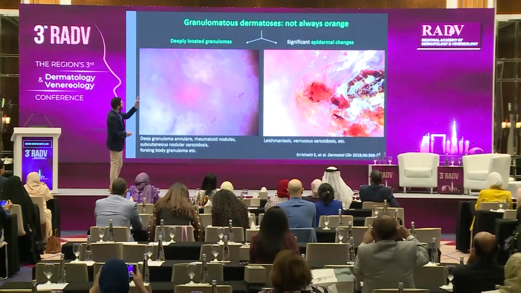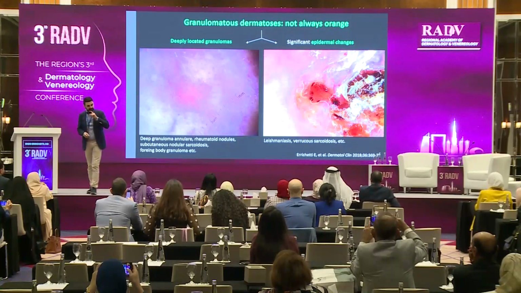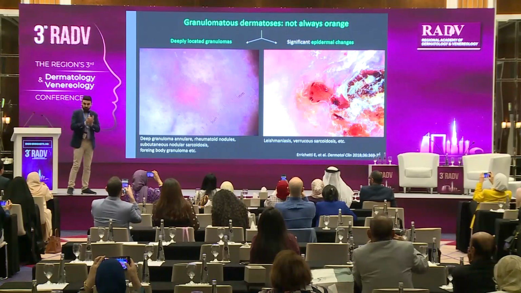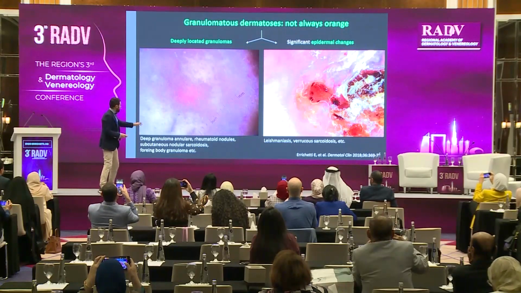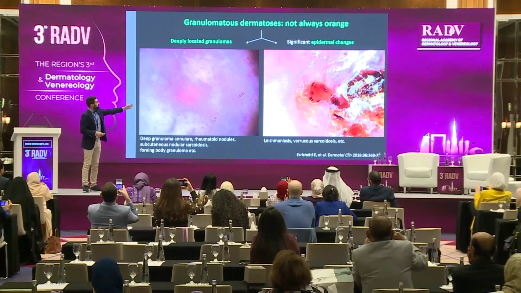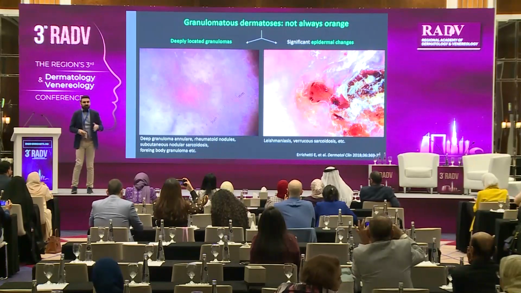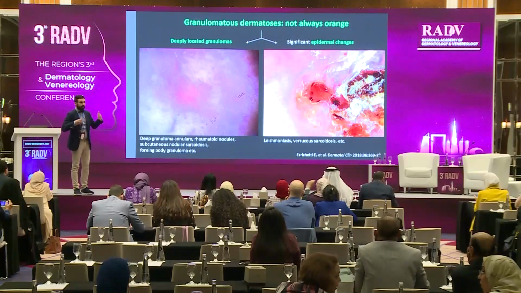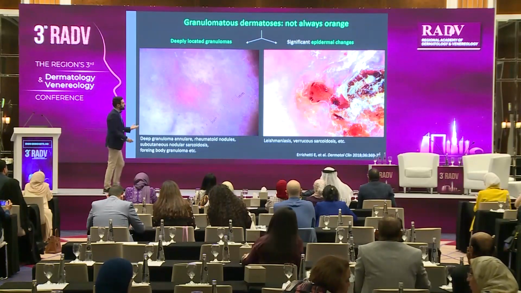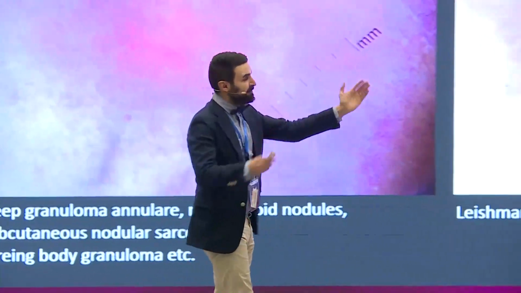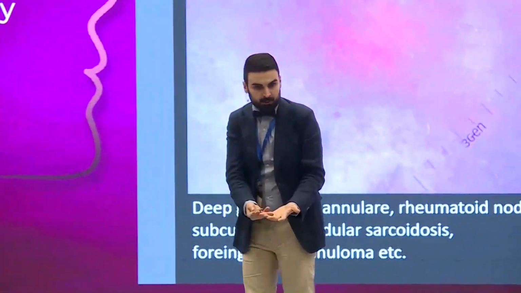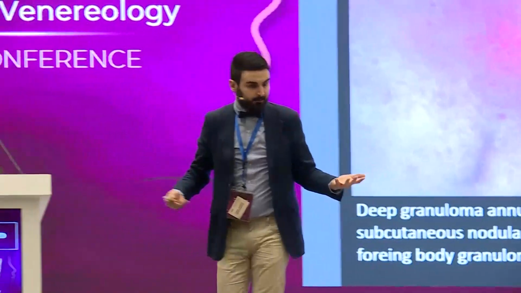Great. And another thing to know is that orange is not always present in granulomatous dermatosis, okay? Because the granulomas may be deeply located, for example, in deep granuloma annulare or rheumatoid nodules. Or sometimes we have significant epidermal changes which cover the orange color, for example, in leishmaniasis.